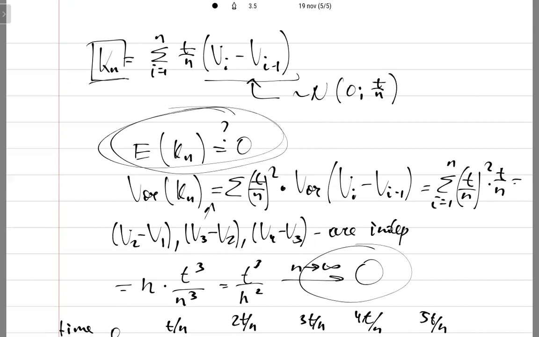I have n terms, and I sum n variances. So it's a sum; I have n terms in the sum, so I take the variance of n terms. One term is Vi minus Vi minus 1. Thanks.